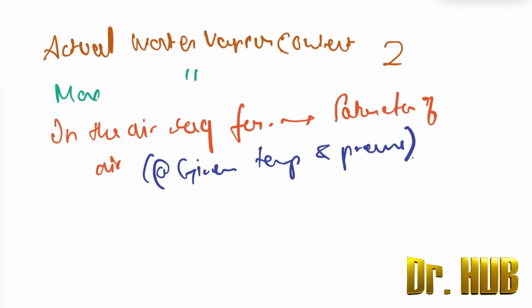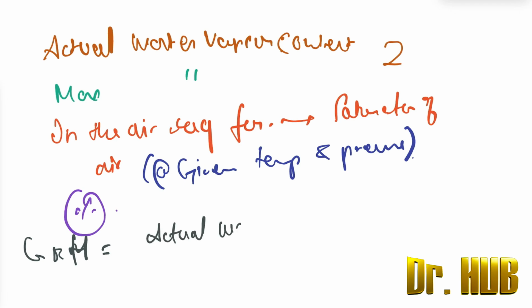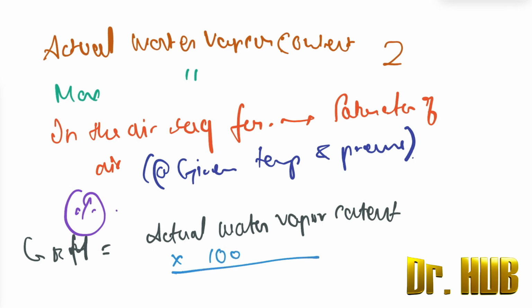It is expressed as a percentage. So writing the formula, the RH is going to be equal to the actual water vapor content, multiplied by 100 and divided by the total water vapor content.